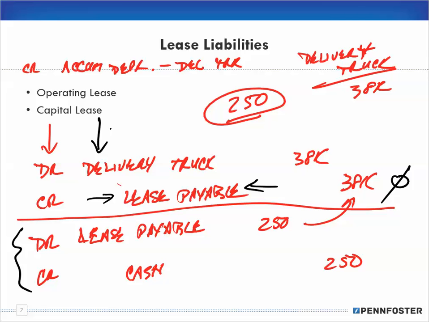And for a capital lease, just think about how you would book it when you were buying an asset for cash and you have the associated accumulated depreciation. And if you were going to make payments on it, well, then the other side of that entry would be the liability account. In this case here, it's called lease payable. All right. So that's it.